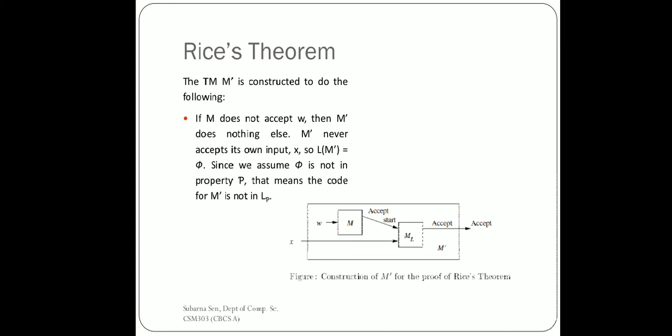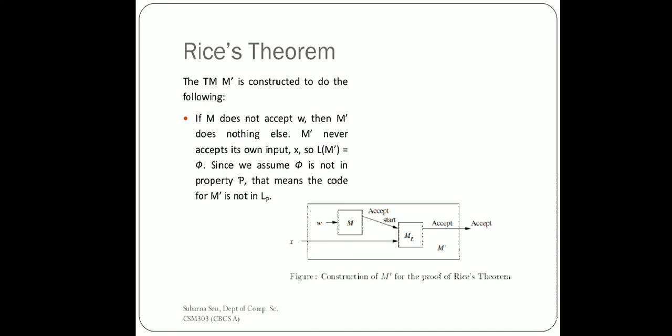No, because the criterion of a non-trivial property is that it does not accept the empty language. So here M dash fails and it cannot cover the property of LP, for this situation.